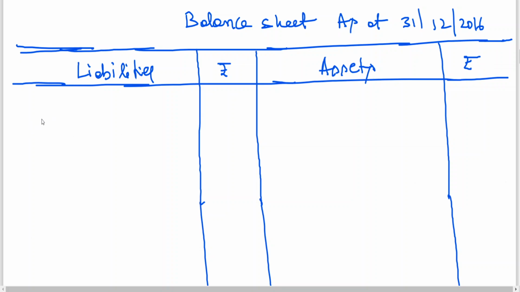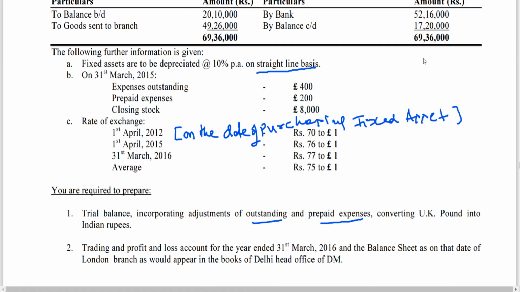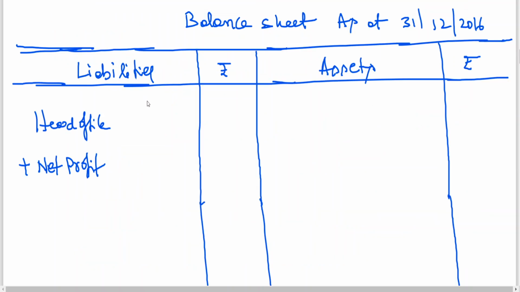Let me start here. Capital, please, like head office, I told you already. To head office you need to add net profit. Head office balance we are having here is 17 lakhs 20,000.